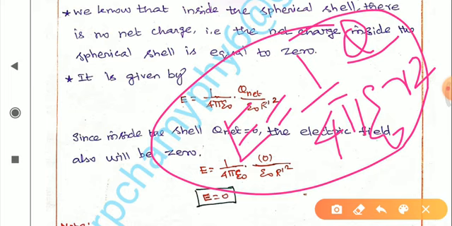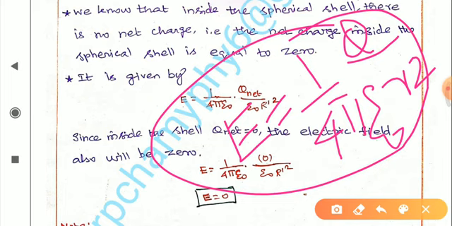How will it change? E is inversely proportional to the square of the distance. So on the surface, the electric field value will be more. When the distance is increased from the surface of the sphere, the electric field value will decrease. Why? Because E is inversely proportional to the square of the distance between them.